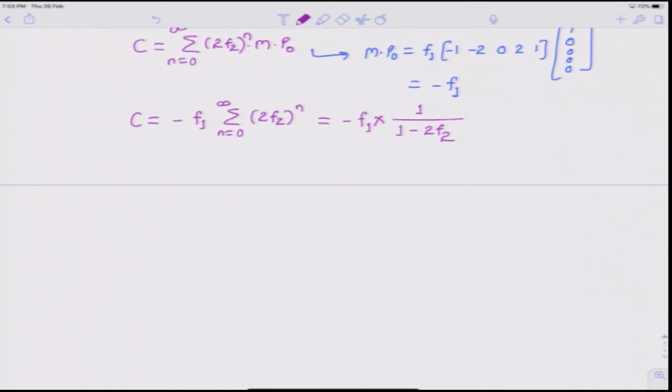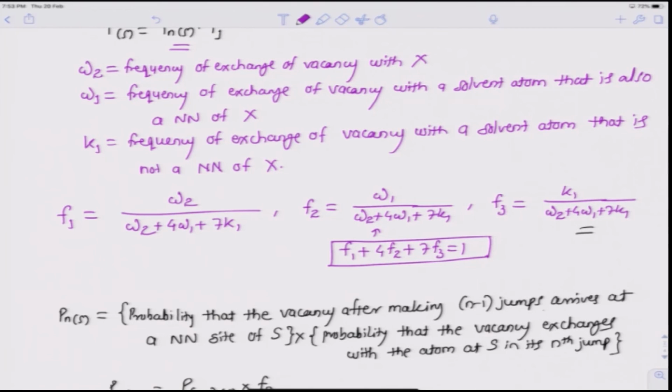And if we substitute for F1 and F2 the way we defined them, F1 is omega 2 over omega 2 plus 4 omega 1 plus 7 k1, and F2 is omega 1 over omega 2 plus 4 omega 1 plus 7 k1.